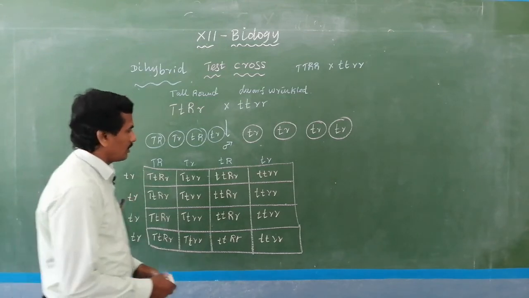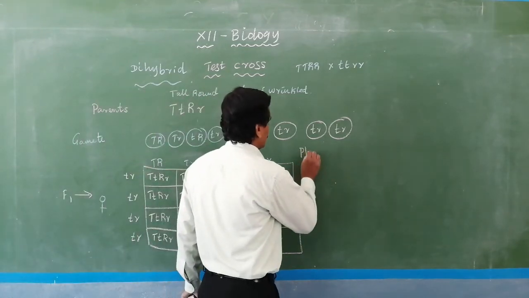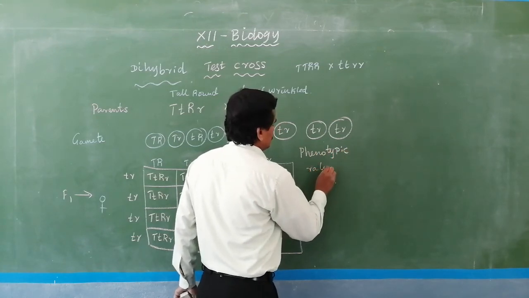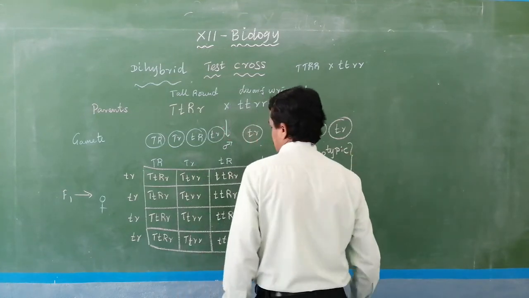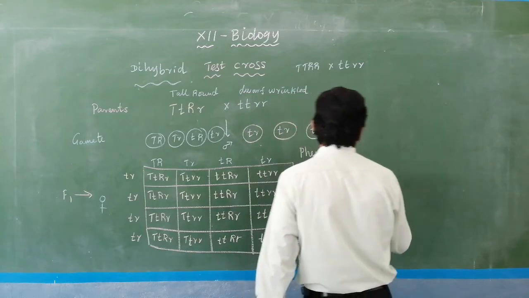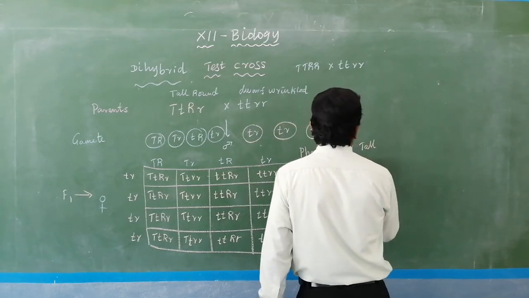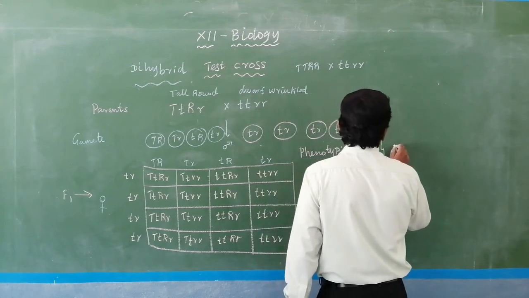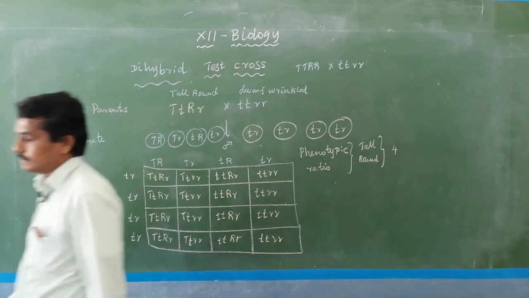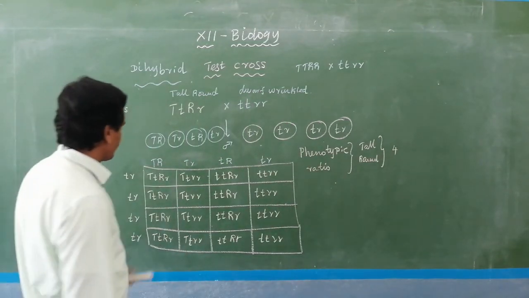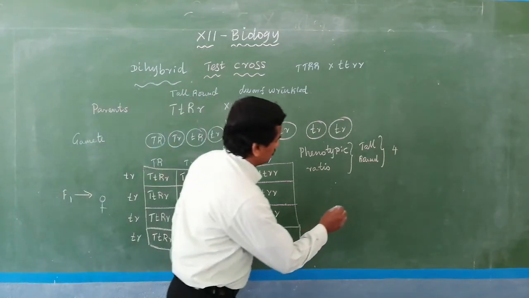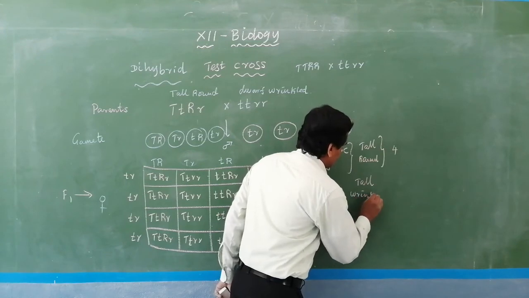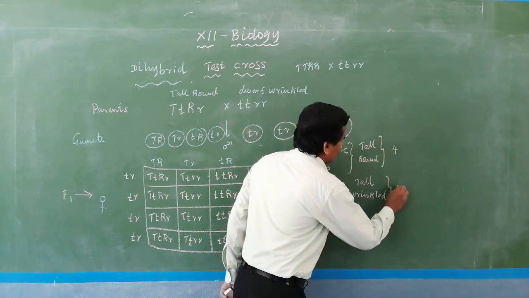So, in phenotypic ratio: tall plant with round seed, how many? 4. Next, tall wrinkled, how many? 4.